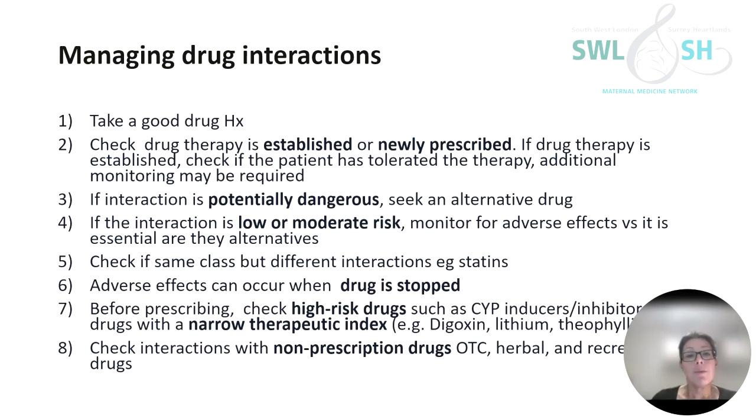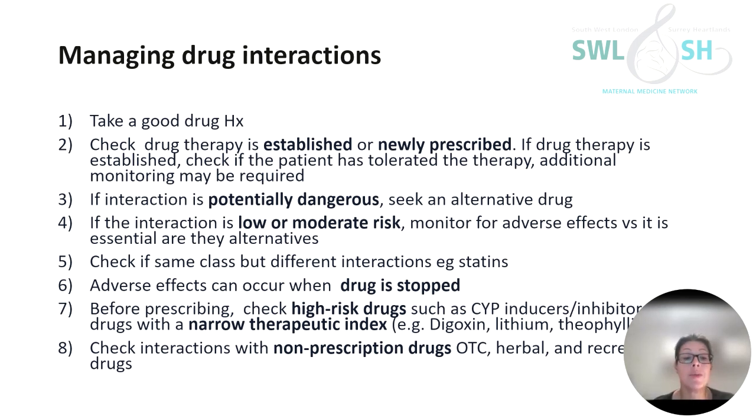So how do we manage patients in whom we suspect there are some drug interactions? First of all, we've talked about taking a good drug history, then thinking about whether they have been on these drugs, is it established or is it newly prescribed? If the therapy is established, then making sure that the patient has tolerated it, and if we need additional monitoring.